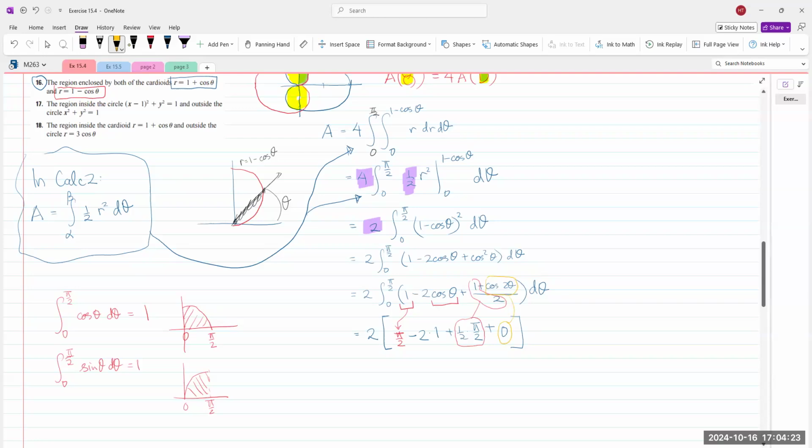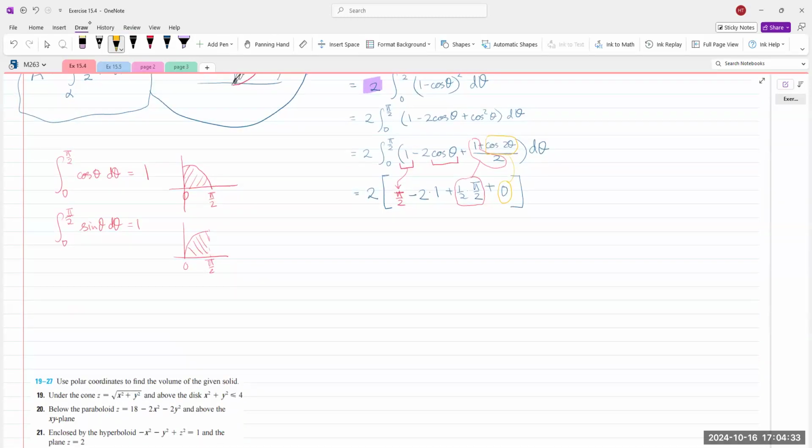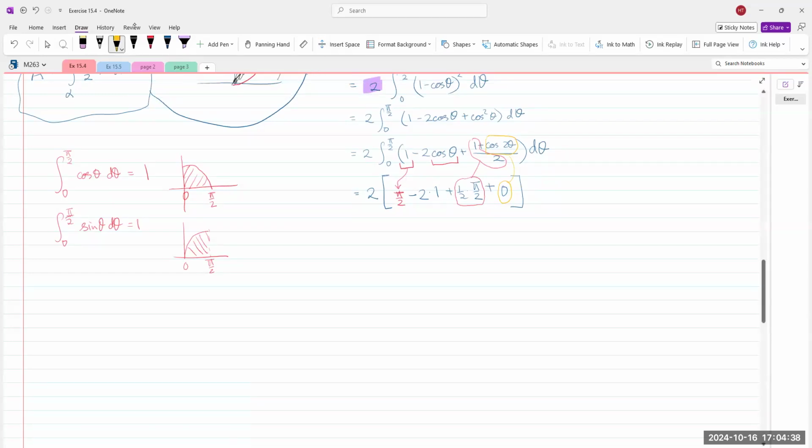Why, Thomas? Why does the integral of cosine 2 theta from 0 to pi over 2 become 0? The explanation is from the graph. Of course, it depends on how strong you are in your trigonometry about the graph of trig functions. But if you think about the integral from 0 to pi over 2 of cosine 2 theta d theta, we interpret that as the area under the curve for y equals cosine 2 theta from 0 to pi over 2.